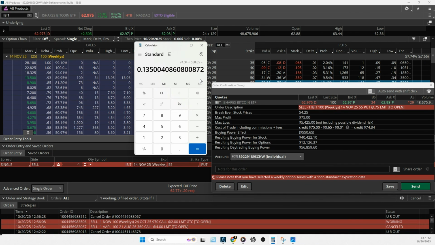That's not too bad. A 13.5% return on buying power in 25 days.